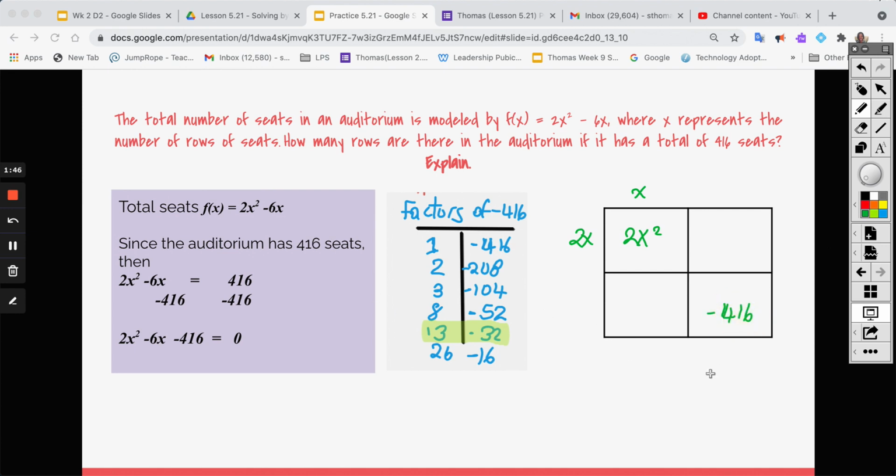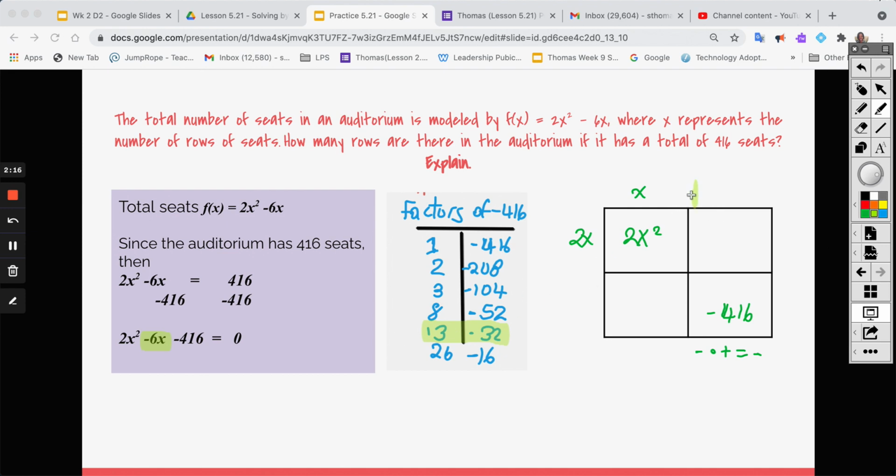I've pre-populated the factors. So we have negative times a positive gives a negative result. And importantly, we're noticing that our b term is negative, so we should end up with a negative result. So which pair of factors work? A positive 13 and a negative 32. Remember, one of our factors is going to be multiplied by a positive 2, and so that is going to give us 26.